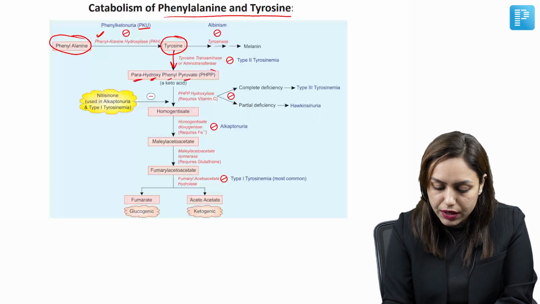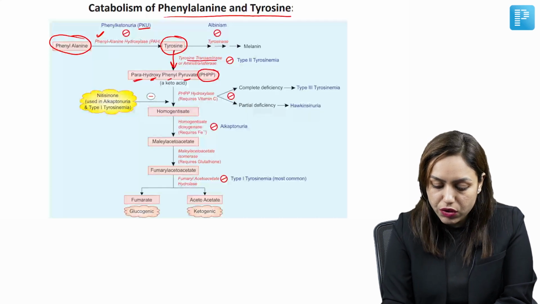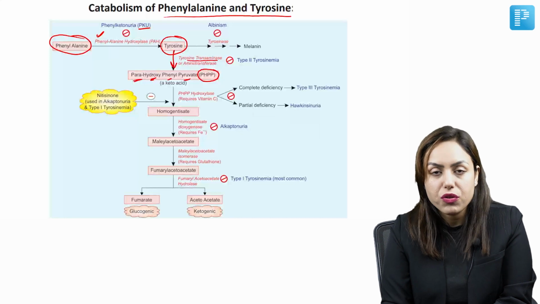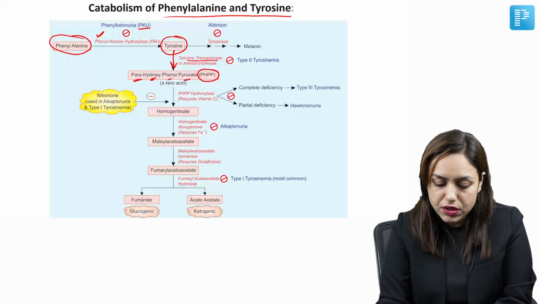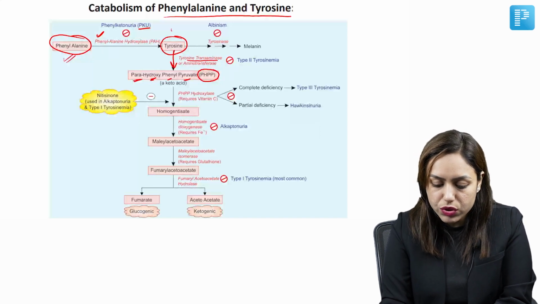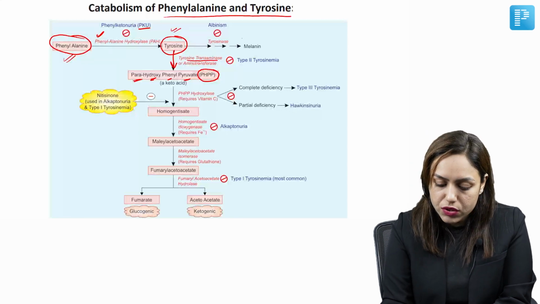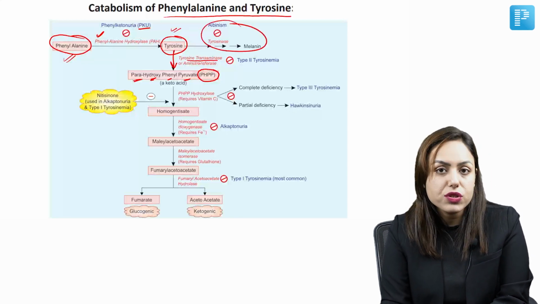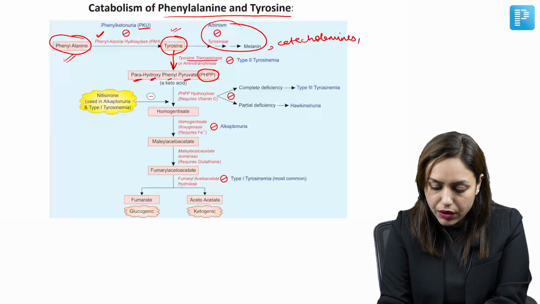para-hydroxyphenylpyruvate, that is PHPP. Here the enzyme is tyrosine transaminase. Okay. Transaminase is the first step in the catabolism. First, this amino acid phenylalanine, which is essential, is converted to the non-essential amino acid tyrosine. This tyrosine is used for various functions in the body like formation of melanin, catecholamines, thyroid hormones, right?